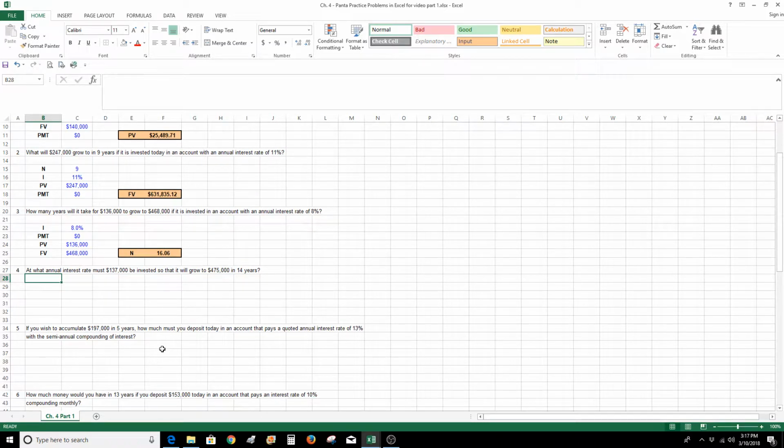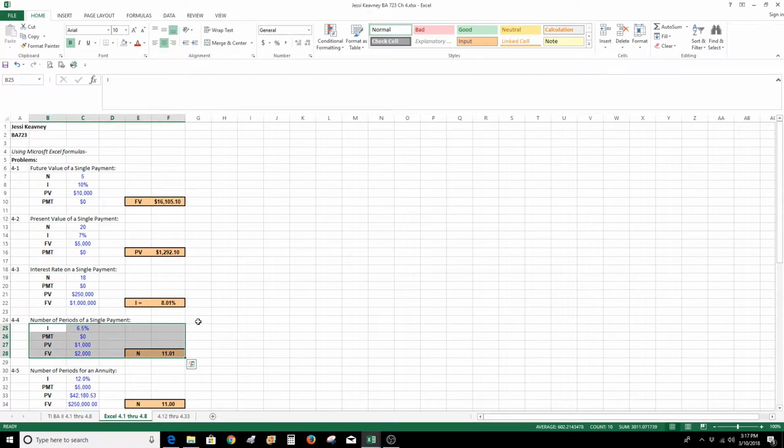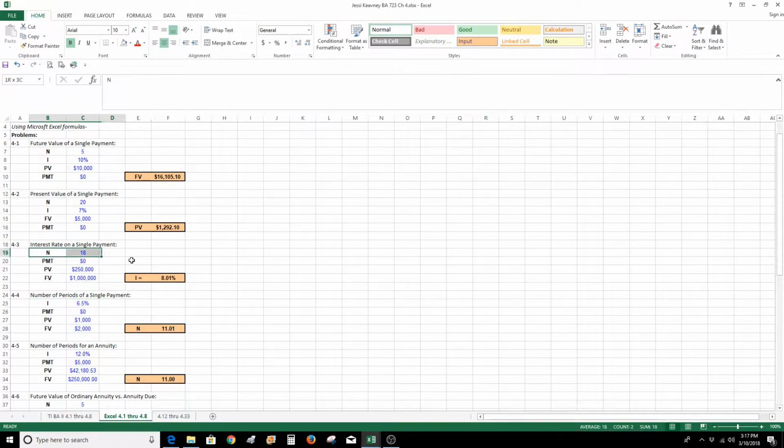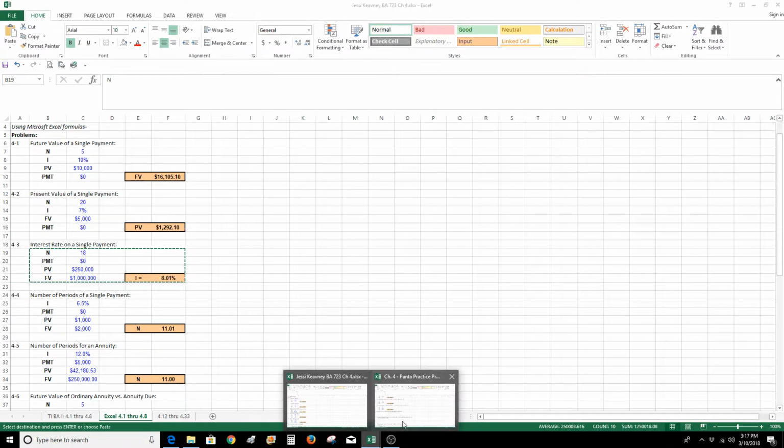Okay, number 4. At what annual interest rate must $137,000 be invested so that it will grow to $475,000 in 14 years? So we're looking for I. If we go back over here, here's one with I, so copy.